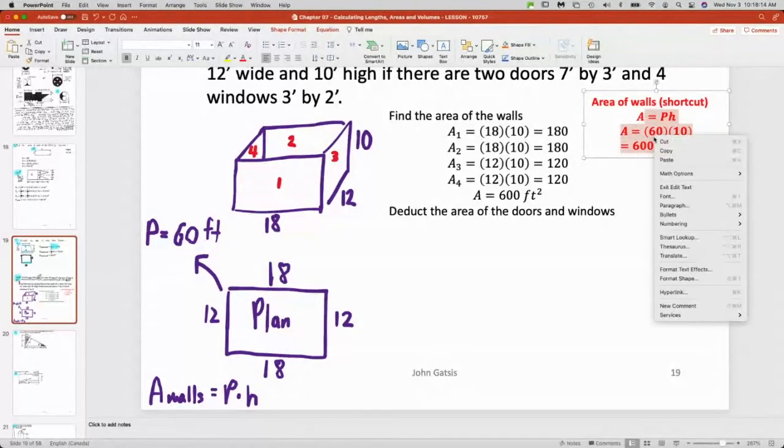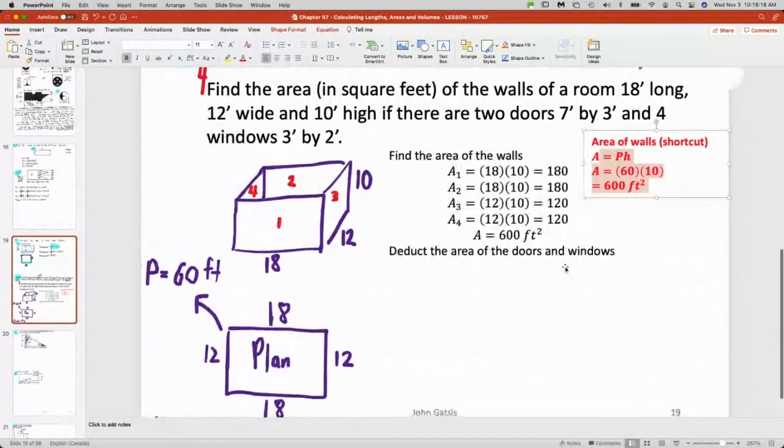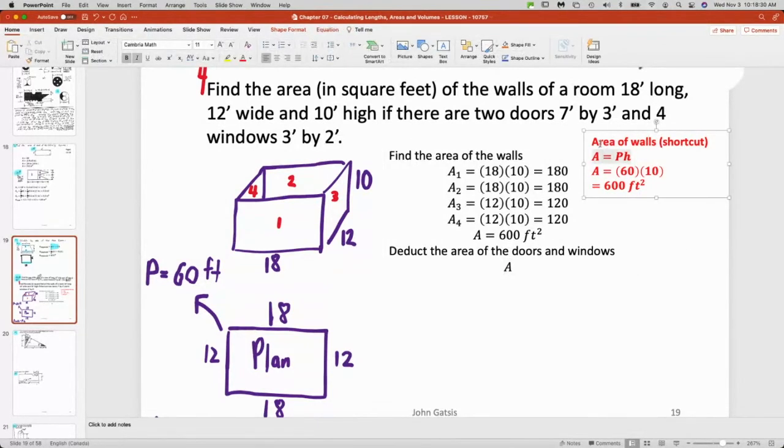But anyway, to answer the question, we need to subtract away some information because there are doors and windows. So this part's just quick now. So we know the area. Yeah, the lateral surface area. Thank you. Thank you, Tamerlan. Have you seen that in the course already?